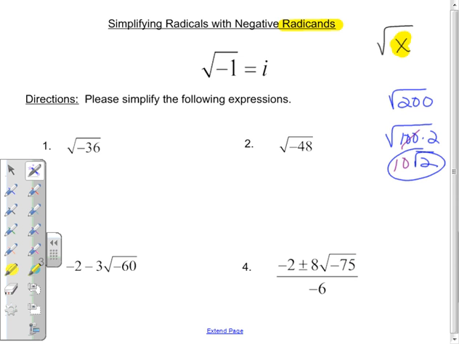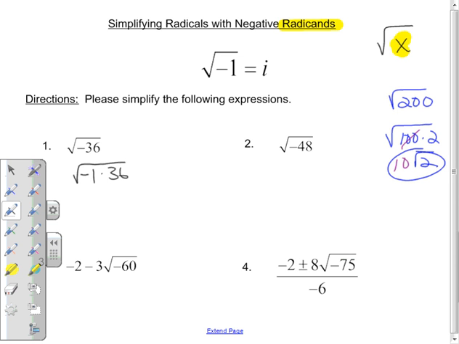Directions: please simplify the following expressions. In number 1, where it says the square root of -36, I notice very quickly that it's a negative radicand. Anytime we have that, you should rewrite the expression, breaking off a factor of -1 from the radicand. So I'll rewrite -36 as -1 times 36.